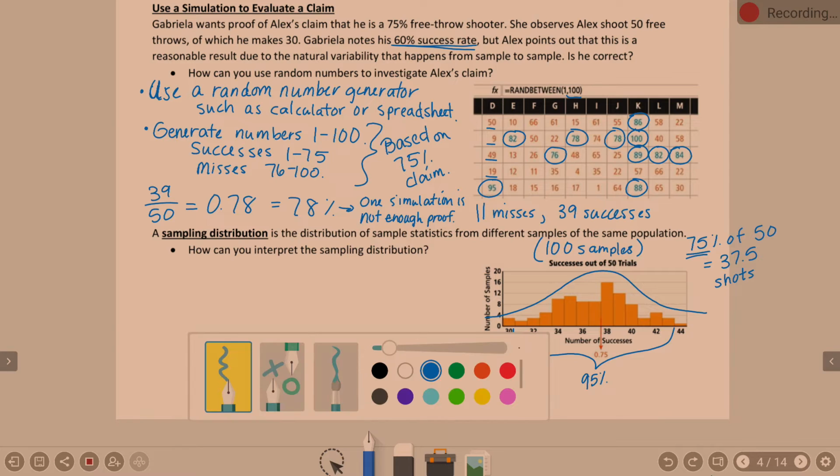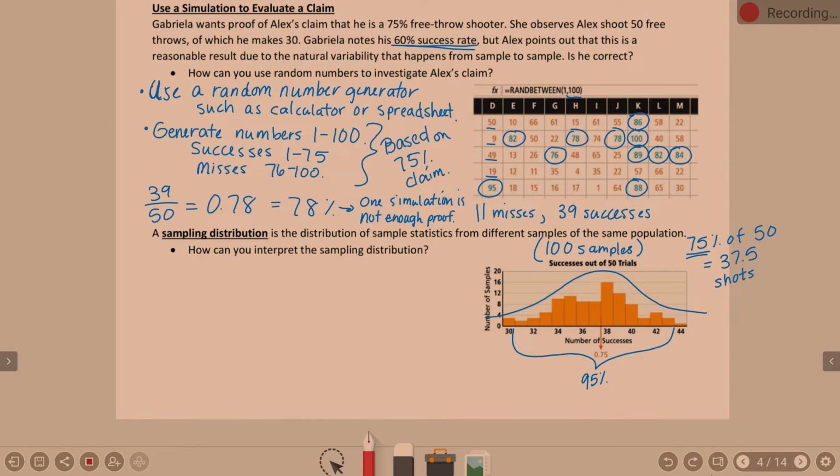Now, what are the endpoints for this 95%? What is that point right there? It's in between 30 and 31, so it would be 31. That would be 31 out of 50 shots. And what is 31 out of 50 shots as a percent? 62%.